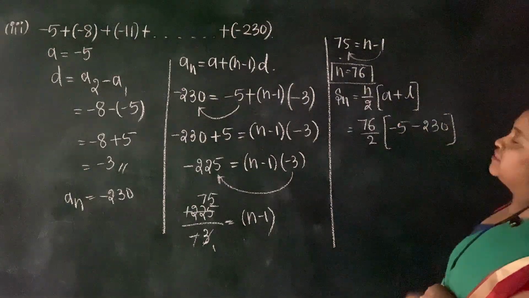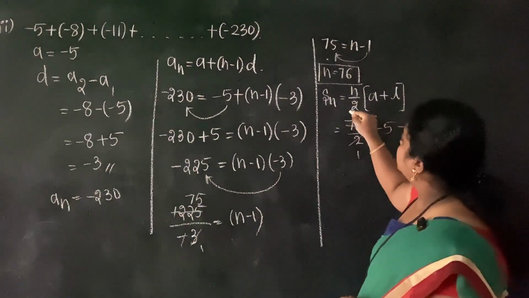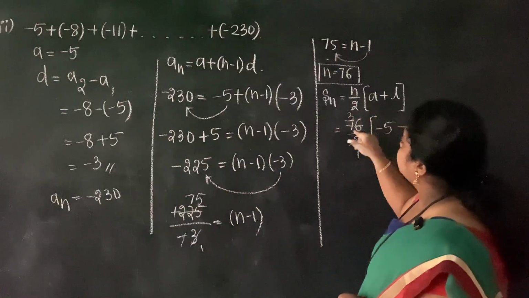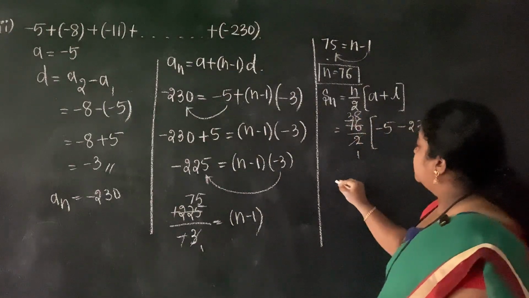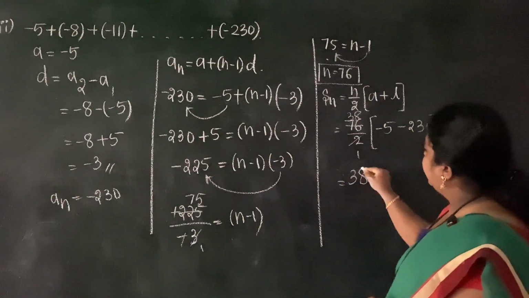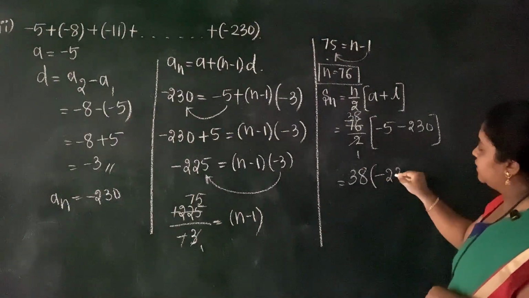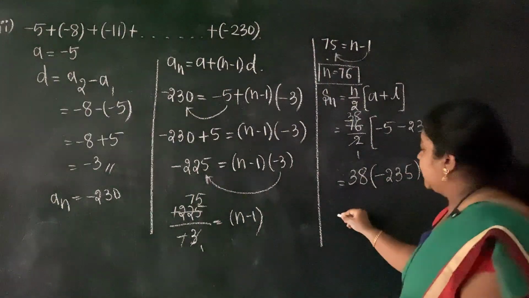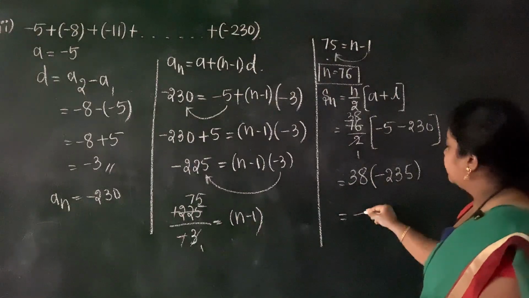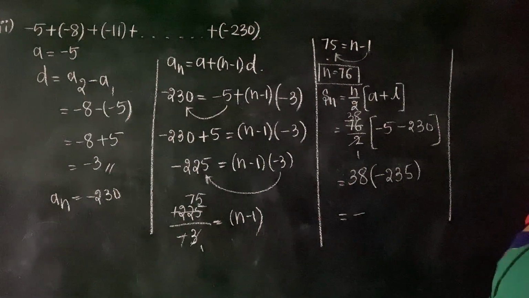So plus into minus is minus. 2 threes are 6, 2 sevens are 14, so here I got 38 into bracket minus 235. So multiplication we need to do, plus into minus is minus. You just see here, we'll do the small calculation.